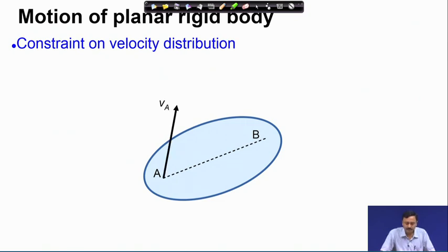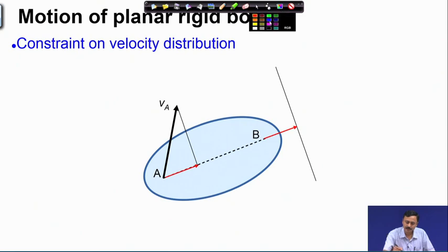If VA is the velocity of point A, then the projection of VA along AB is this red vector, and B also must have the same velocity in the direction AB. Therefore, the actual velocity of point B must be such that its projection along AB is this red vector.